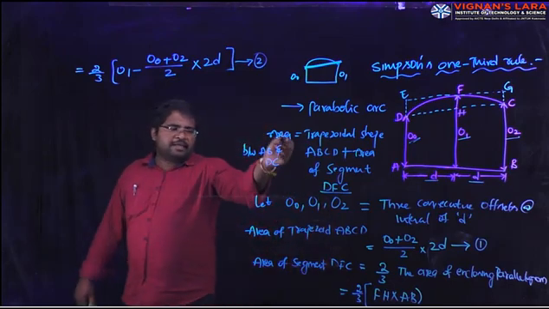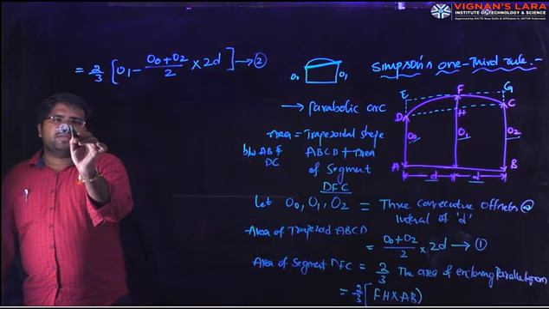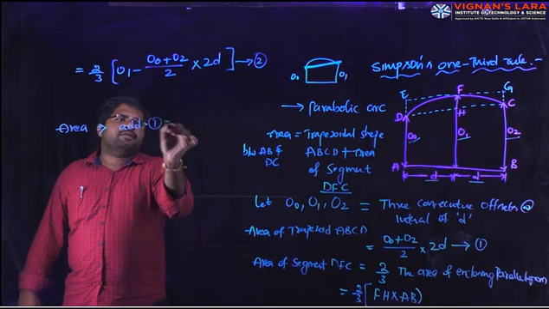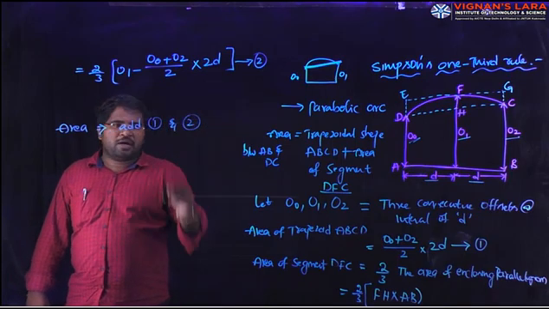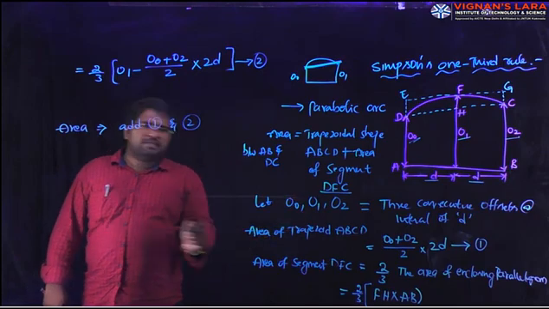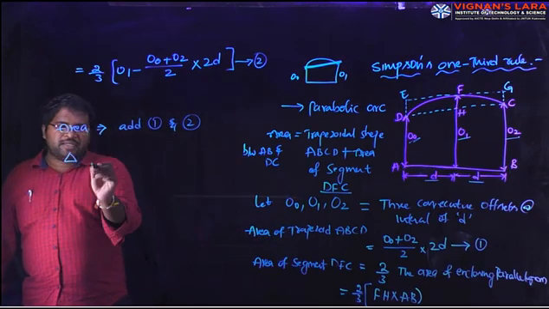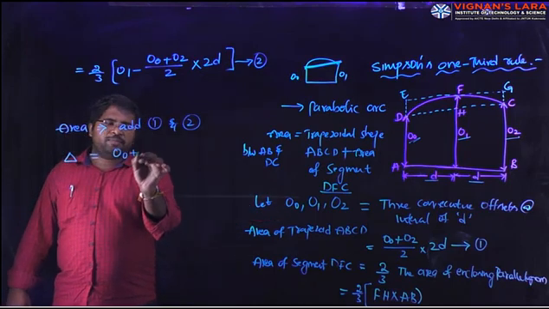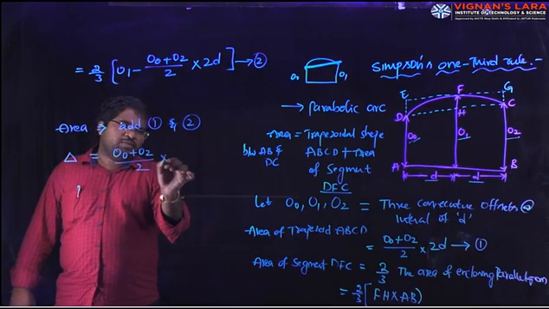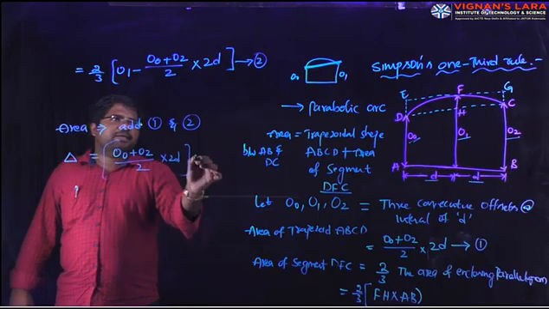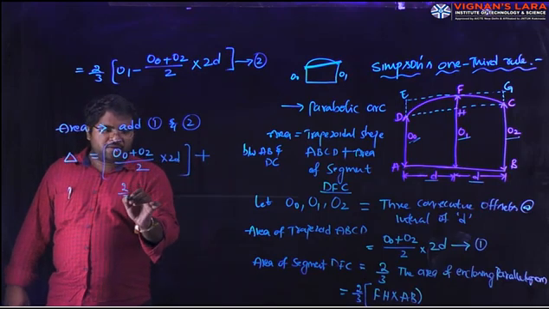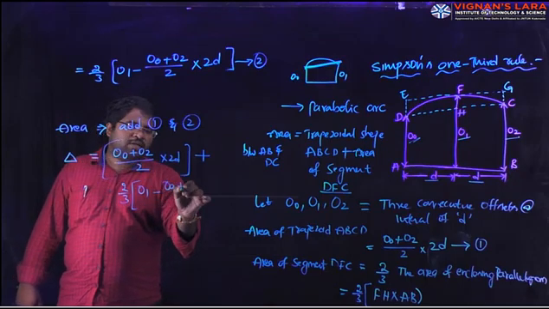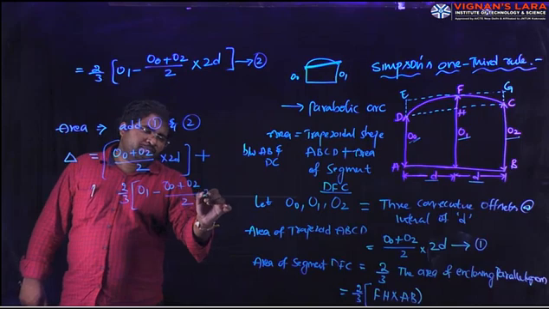Now to get the area, we have to add equation 1 and 2. What is equation number 1? So the area, suppose I am taking it as delta, area 1, that is O0 plus O2 divided by 2 into 2D plus 2/3 of O1 minus O0 plus O2 divided by 2 into 2D.